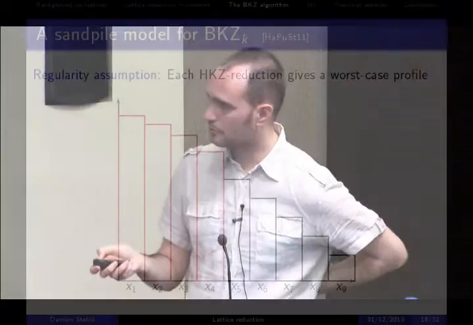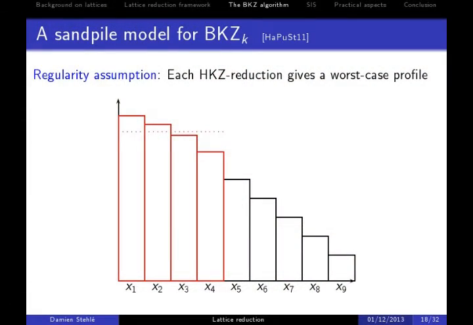Okay, so I'm going to apply HKZ to this basis, and I'm going to assume, so that's what we call a regularity assumption, that each HKZ reduction gives a worst case HKZ profile. We've seen this HKZ profile, it's concave and rather flat at the beginning and decreasing a bit faster at the end. Here my block size is 4. So I take the first 4 vectors and apply HKZ on them.